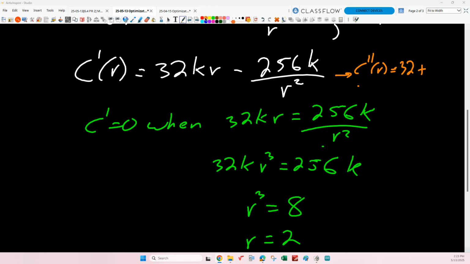You don't even really have to figure it out. It's going to be plus 512k over r cubed. But wouldn't you agree that for any positive value of r, which is our domain, that's going to be positive?